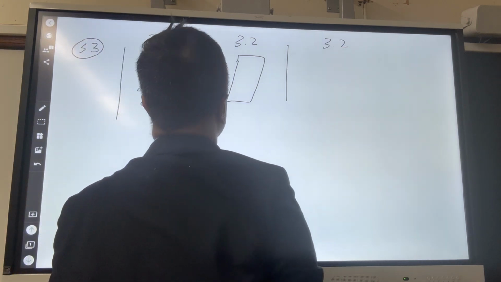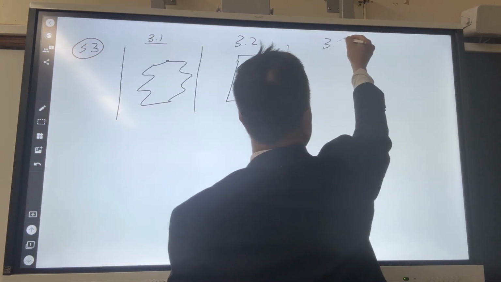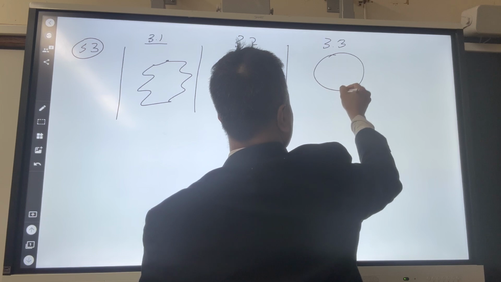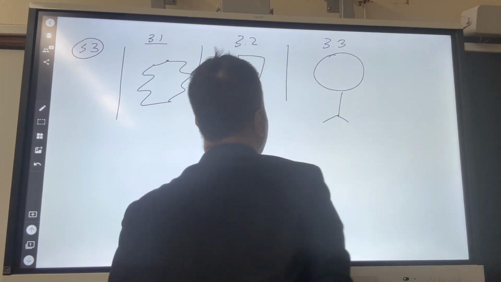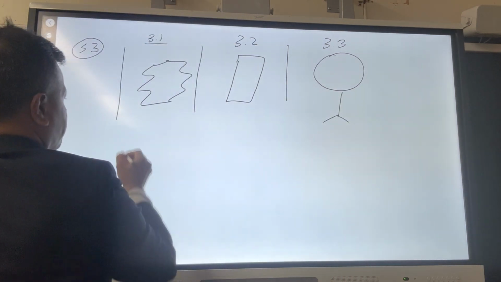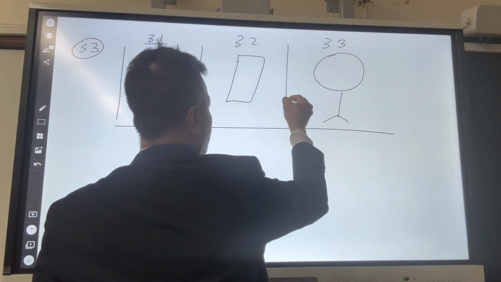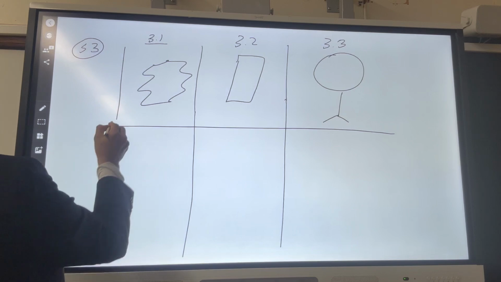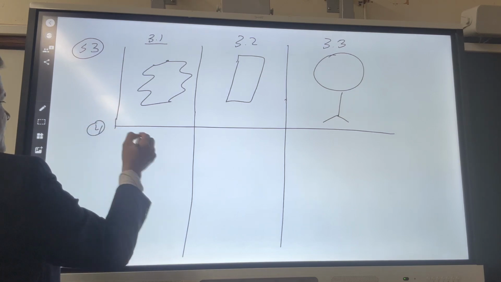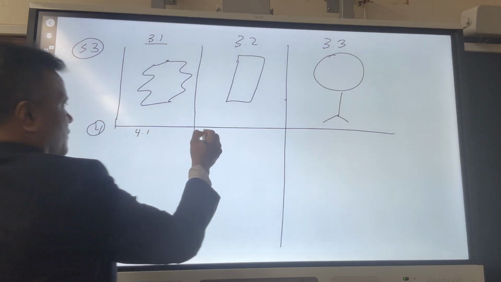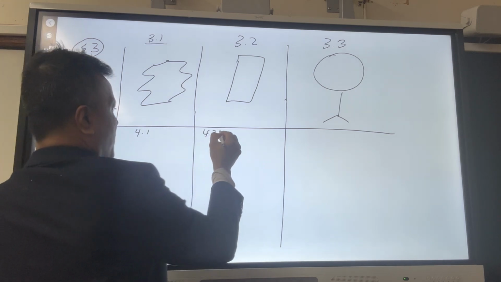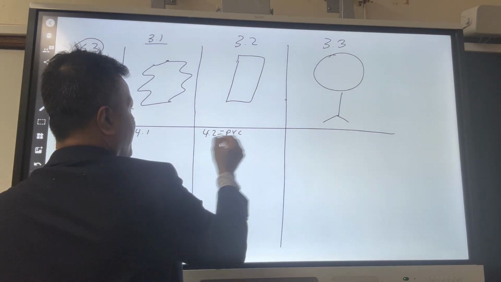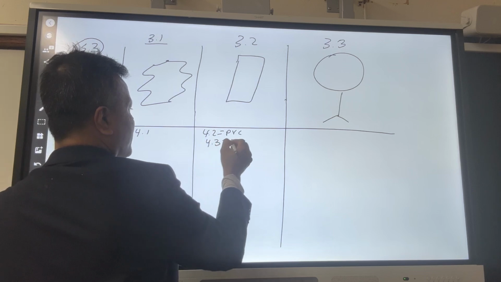And 3.3, I'm going to have the electroscope. Okay. And I'm going to have scenario 4. I'm going to have 4.1, 4.2, I'm going to have PVC. 4.3, I'm going to have electroscope.